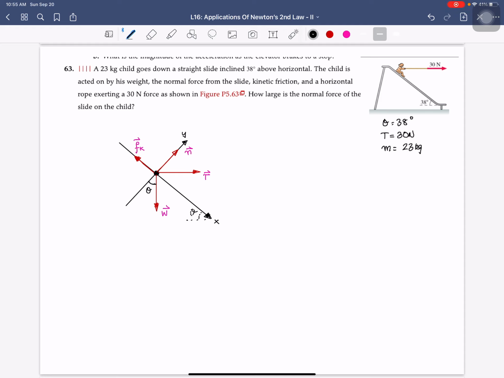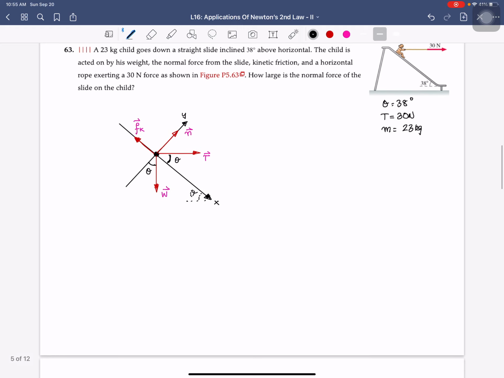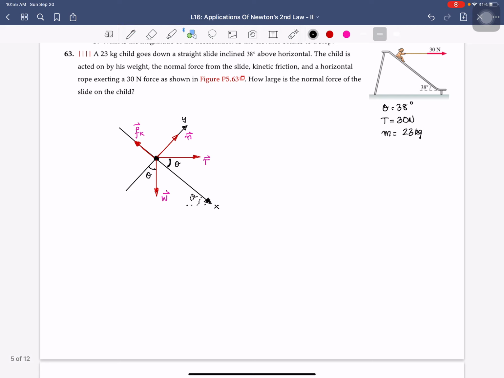If that angle is theta, that angle is 90 minus theta. So again, looking at the sketch here, you can argue that the angle that the tension makes with the x-axis is also theta. Okay. And now you go ahead and resolve the forces into components.